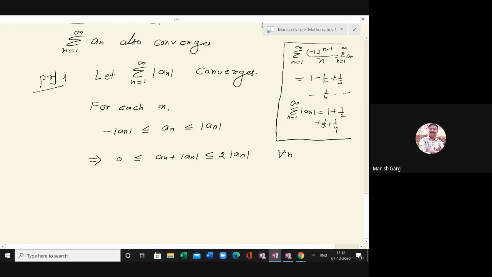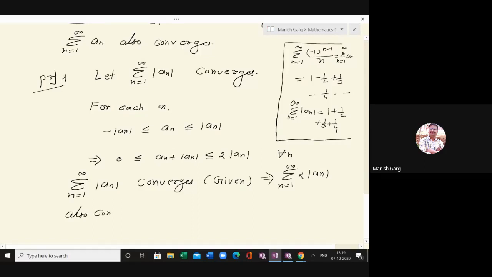The series n is equal to 1 to infinity mod an converges; this is given. If you multiply each term by any non-zero real number, that series also converges. So you can write twice mod an also converges. Now by comparison test.